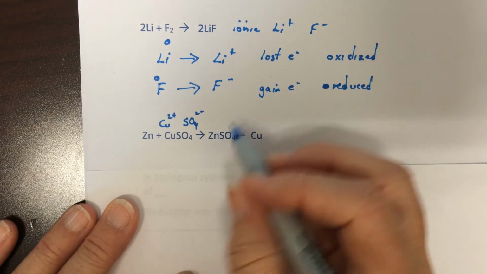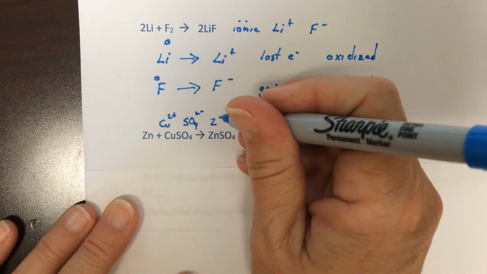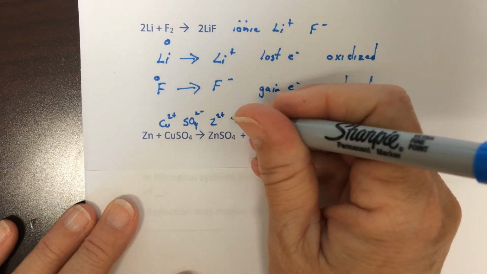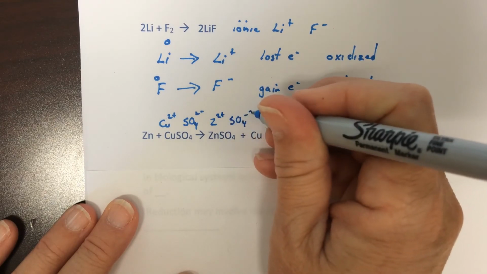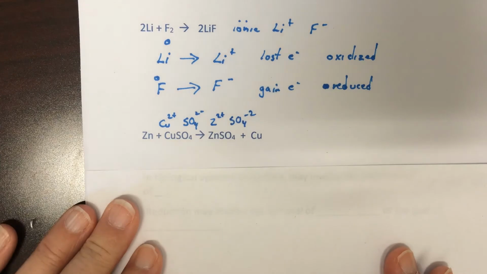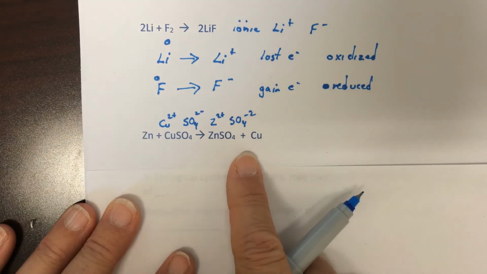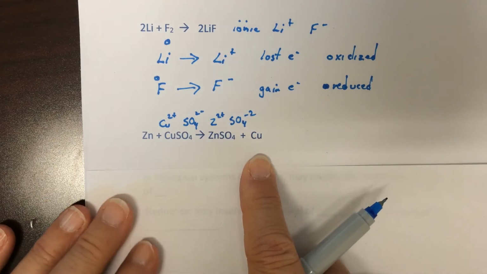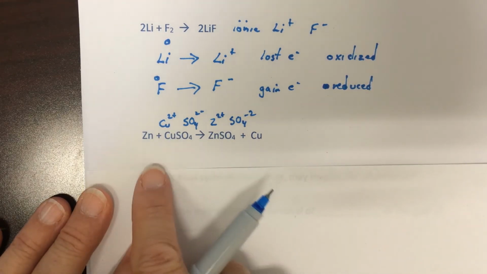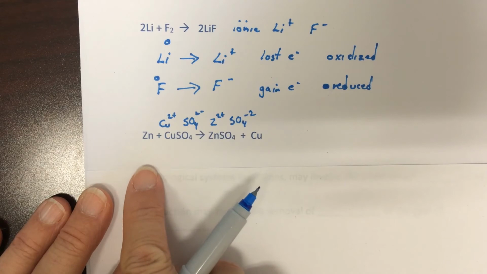The zinc has a positive 2 charge, and the sulfate a -2 charge. So we can look at what's happening here. Oh, and by the way, this is a single replacement reaction, if you were trying to place that. Okay, so we can divide this into half reactions.